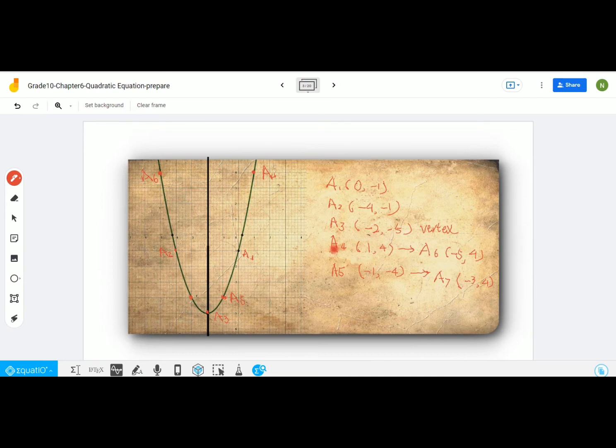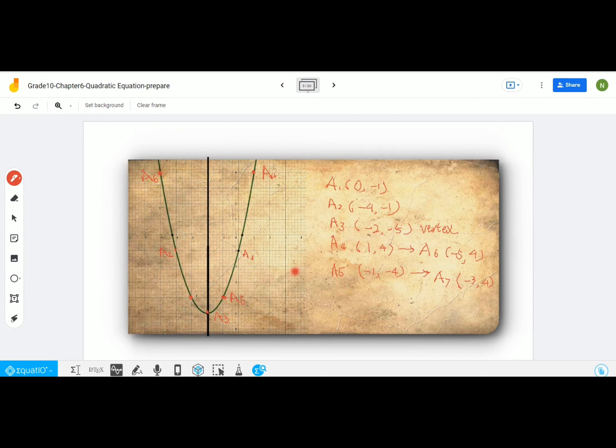Also I found this is A4. We can find A6, right? Because of the symmetry, the same y value has a different x value. The axis of symmetry is the perpendicular bisector. If you draw these 2 points and form a segment, then the axis of symmetry is the perpendicular bisector of this line segment, so we can find A6.